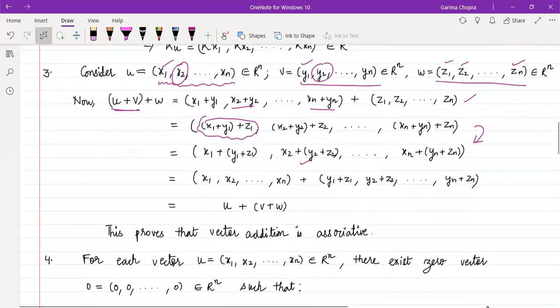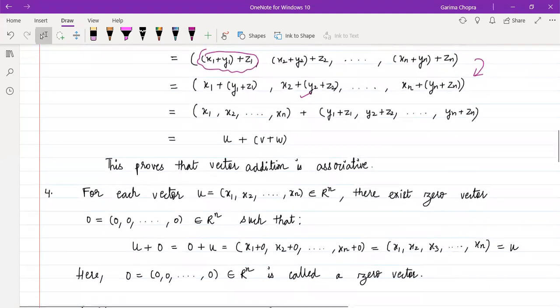Now we will find out the zero vector. For each vector u, which is in this set of vectors, the n-dimensional real space, there exists a zero vector whose n components are all the real number 0, such that if we find u plus 0, it will be the sum of x1, its first component, with this first component, which is 0, x1 plus 0.